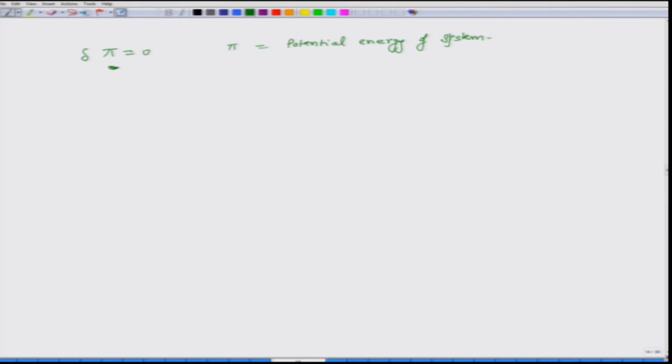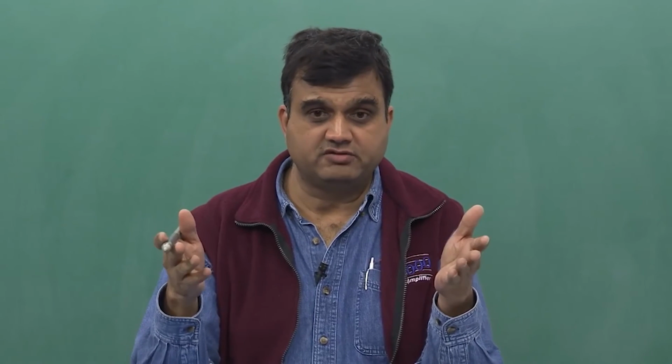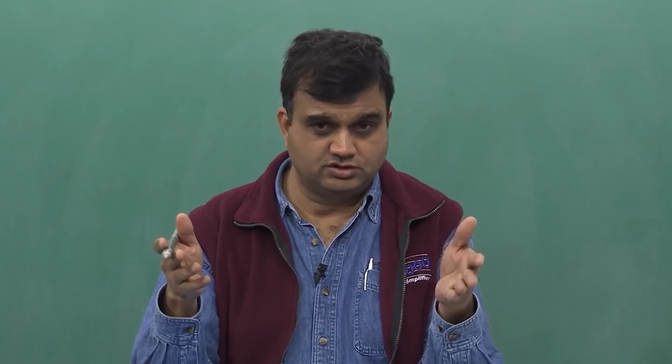Pi is the potential energy in the system, and I am taking its variation to be 0. Now, in differential calculus, we know that a function is at a minima or a maxima only when its first derivative is 0, right.